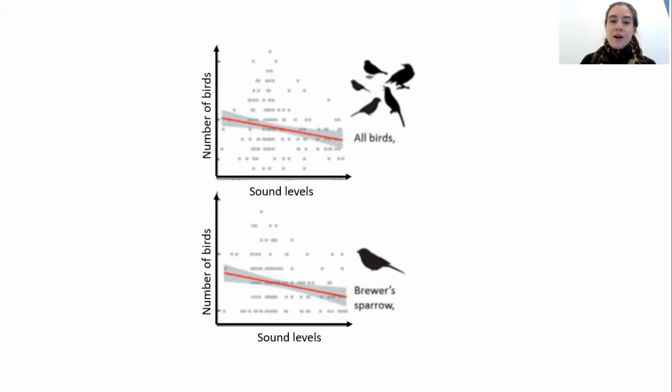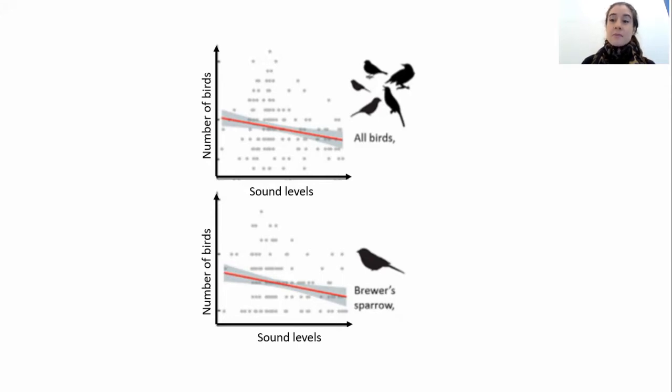Okay, so now we are going to look at the red line that is in the middle, and that is the trend that I found in my data. Now, when you look at this line, is this line going down? Is it going up? Is it a flat line? It's going down, right? So what does this mean? This means that as the sound levels increase, the number of birds decreases.